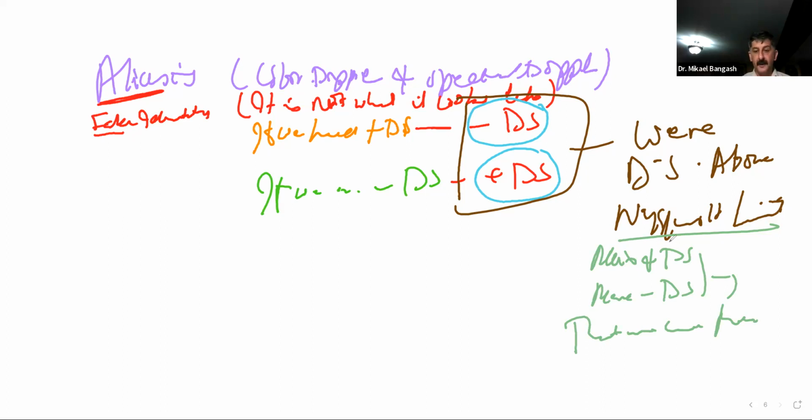Any Doppler shift greater than the maximum positive Doppler shift will show up as aliasing and give us the impression that we also had a negative Doppler shift. Any negative Doppler shift greater than the Nyquist limit will show up as a positive Doppler shift. Is that clear? Yeah.